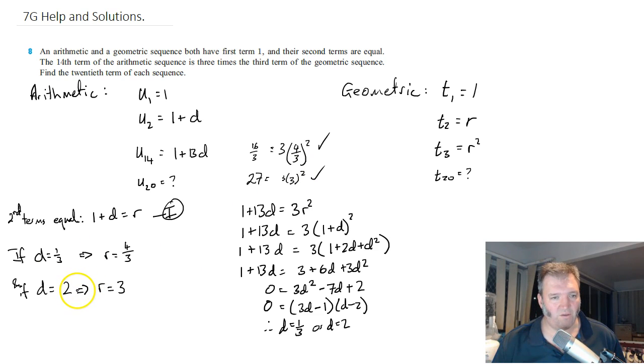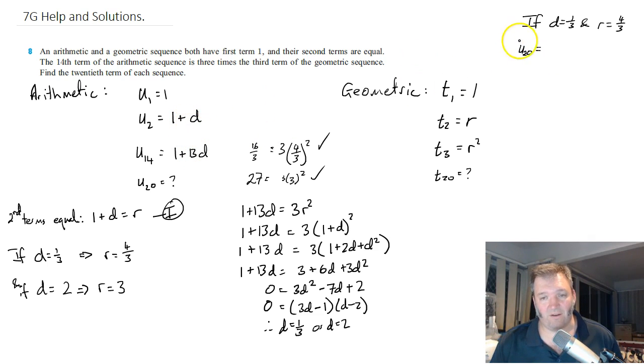Find the 20th term of each sequence. So we've got 2 scenarios. If D equals 1/3 and R equals 4/3, U20, which is the one I want to find for that, is going to be 1 plus 19 times D. So 1 plus 19 times 1/3.